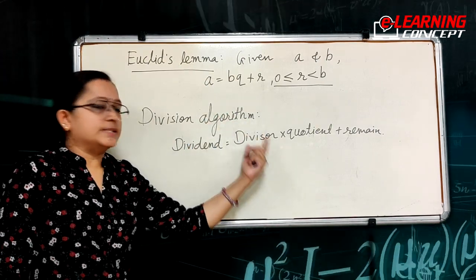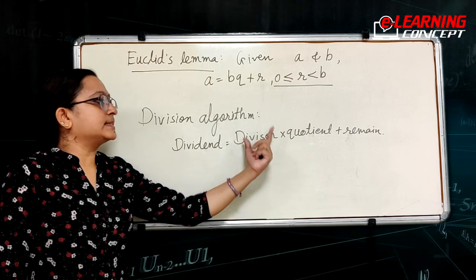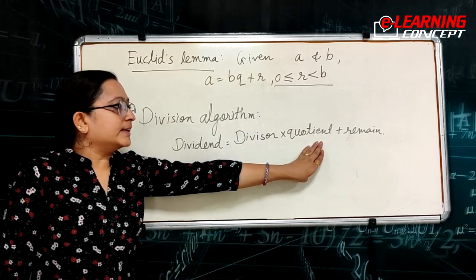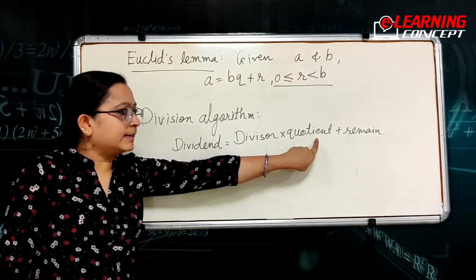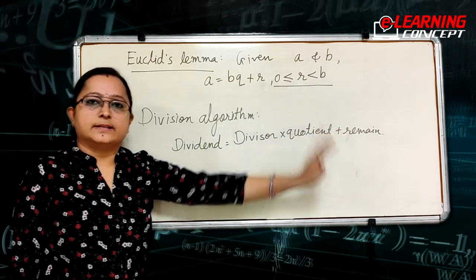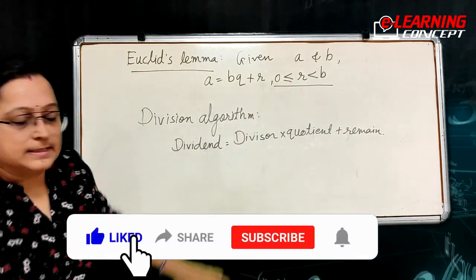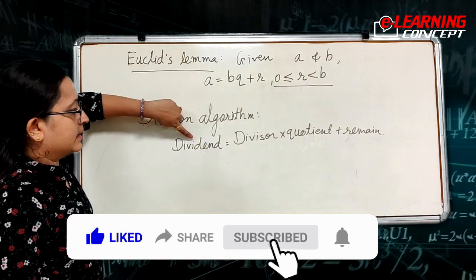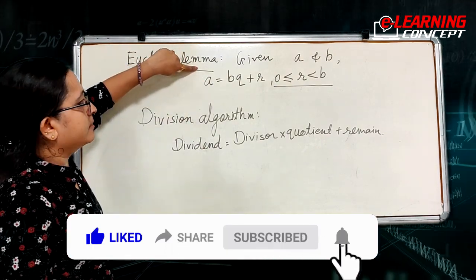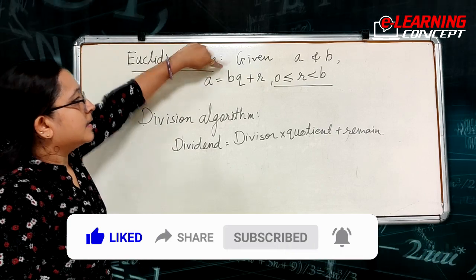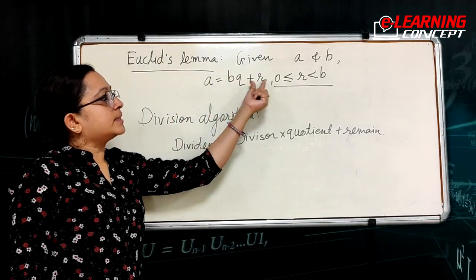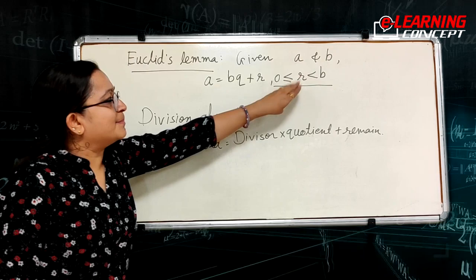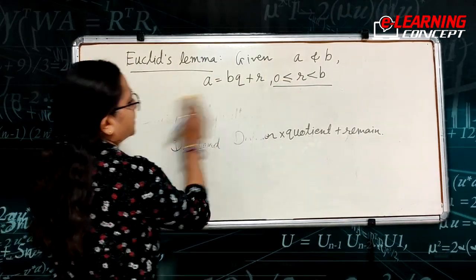The number which is dividing the other number is divisor. Whatever you are getting as answer is the quotient of that division, and the leftover term is remainder. So the same way here, if you compare, a is the number like dividend, which is divided by b. This is q for quotient and r is for remainder.